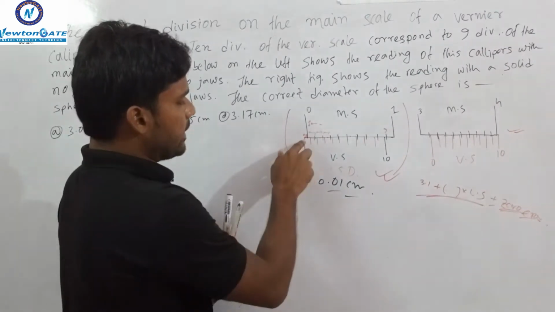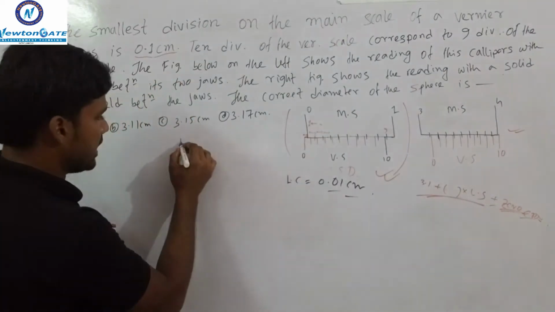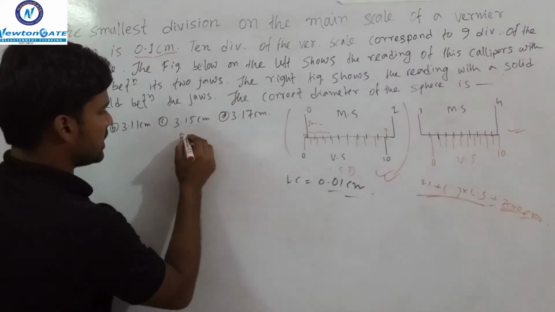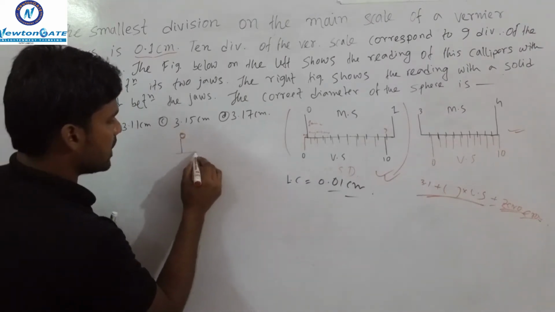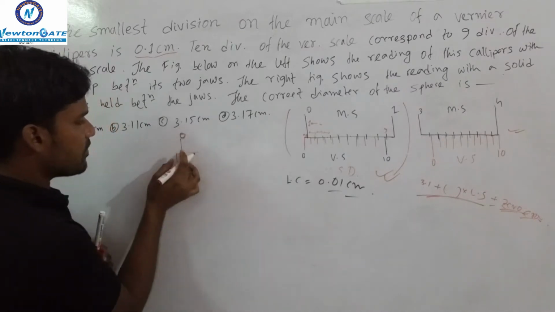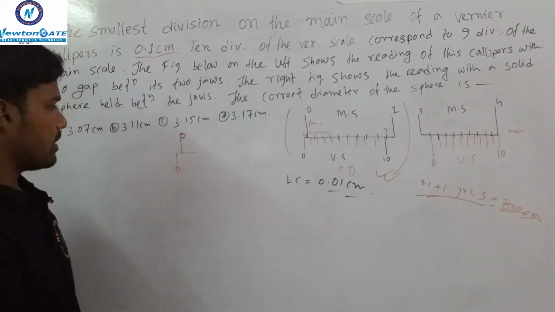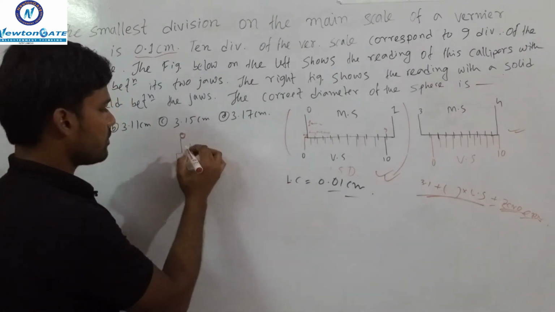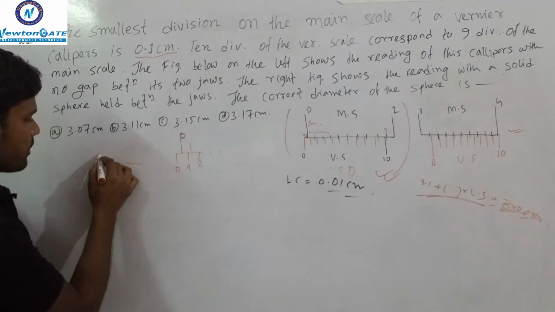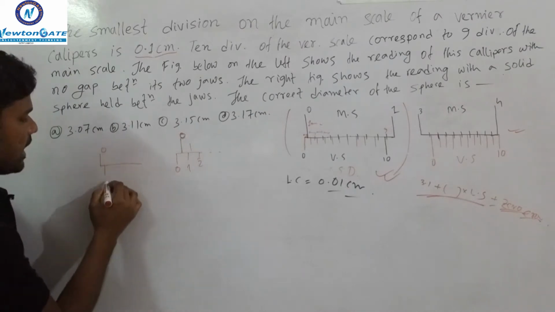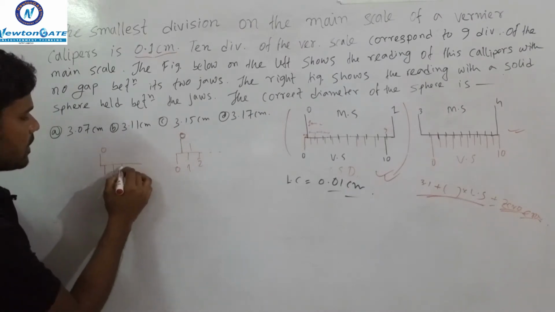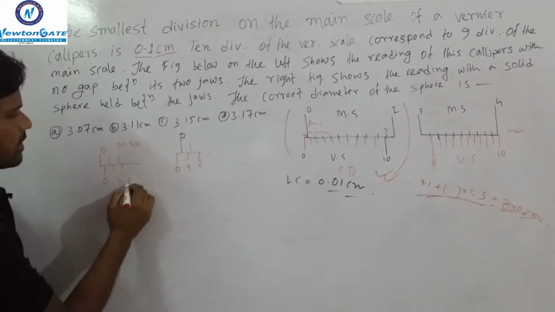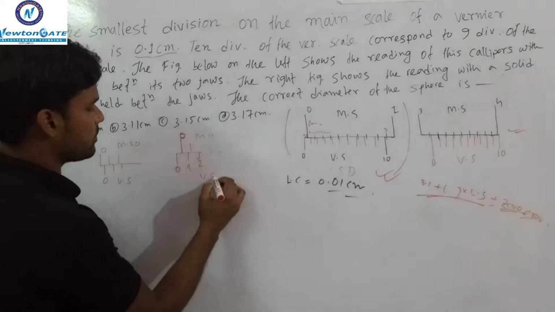So here you can see the main scale reading is 0, and in the vernier scale the 0 is to the left side of this main scale, right? Then 1, then 2, and so on. Okay, and in another case, main scale is here and vernier scale 0 is here. This is the main scale division, this is the vernier scale.